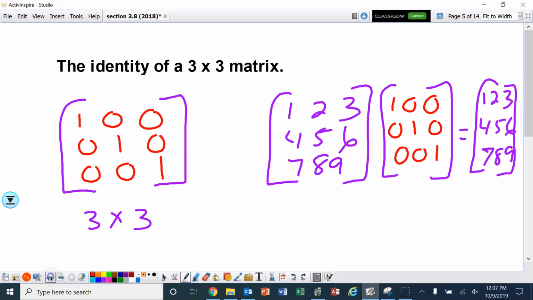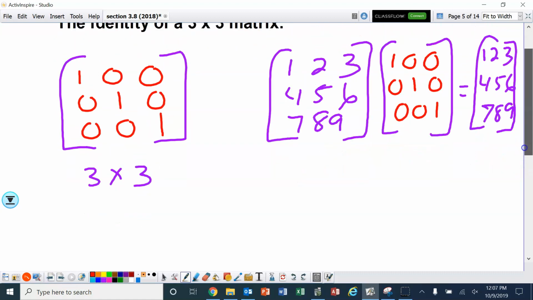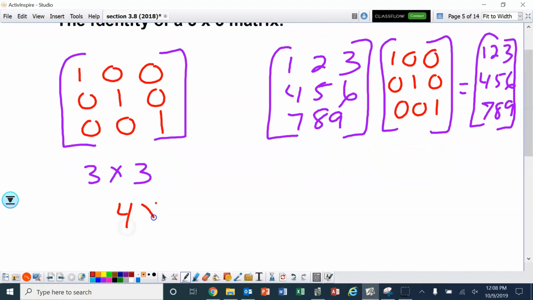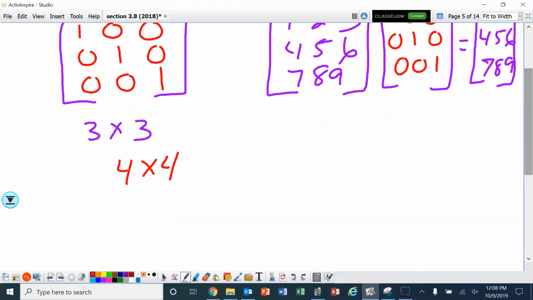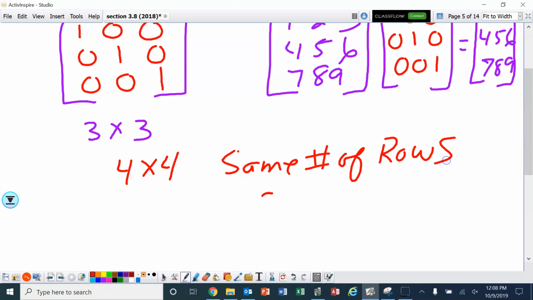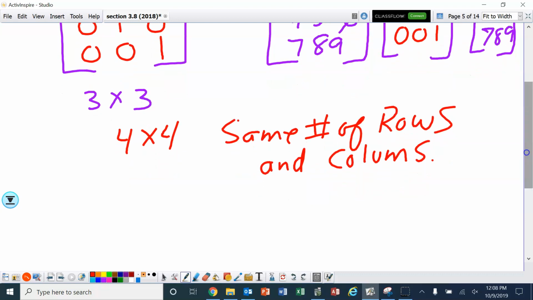All right, let me just do one more here. Let's say that we have a 4 by 4. Now, this only works with matrices that have the same number of rows and columns. It has to be the same number of rows and the same number of columns.